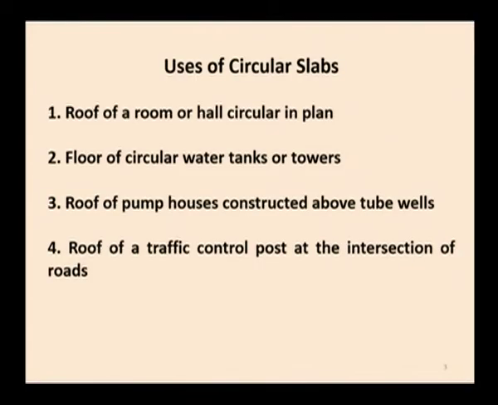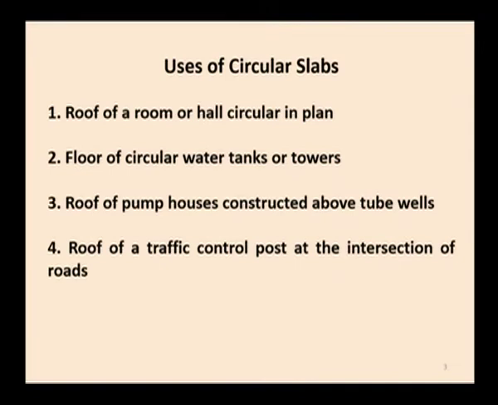Before that, where are circular slabs normally used? A roof of a room or hall circular in plan. If the room is circular in plan, the slab has to be designed as a circular slab, that is simply supported or fixed circular slab. It is normally used in circular water tanks or towers, and normally the roofs of pump houses are constructed above the tube wells.